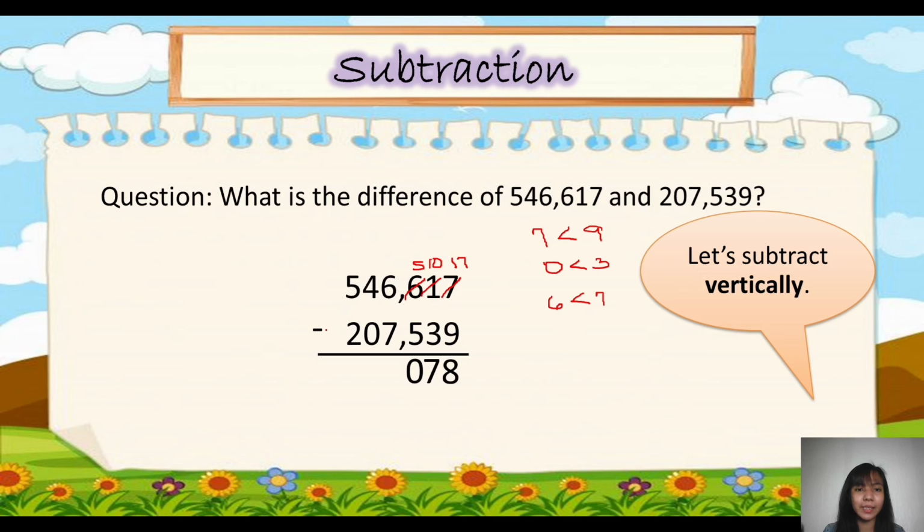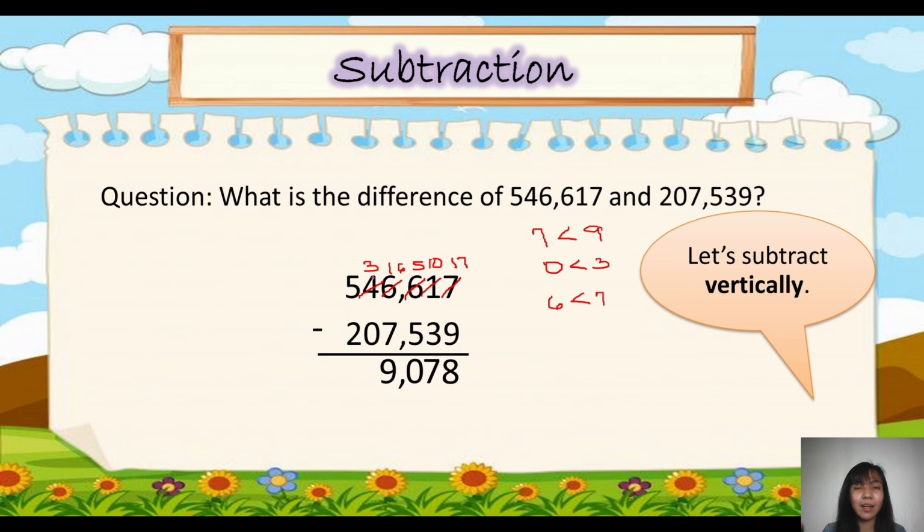Now here in 6 minus 7, 6 is smaller than 7, so we need to borrow from 4. So 4 will become 3 and the number 6 here will become 16. 16 minus 7 is 9.